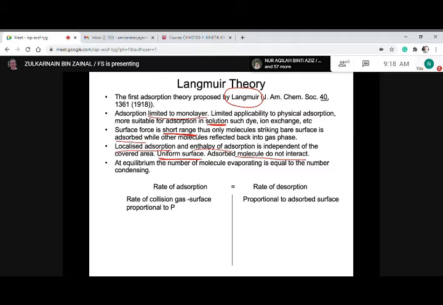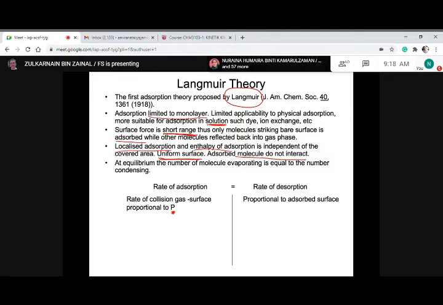Okay, so the rate of collision of gas and the surface is proportional to P. P is the pressure used during the adsorption process, right? And the rate of desorption will depend on the amount of the adsorbed surface. If you have a large amount of adsorbed surface, then the rate of desorption will be higher, right?